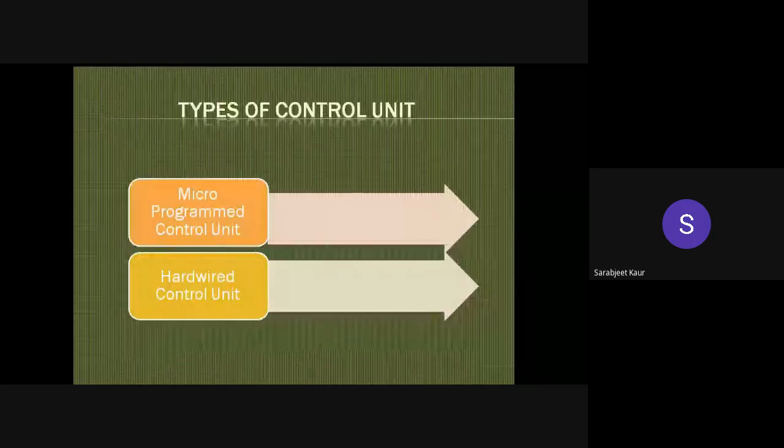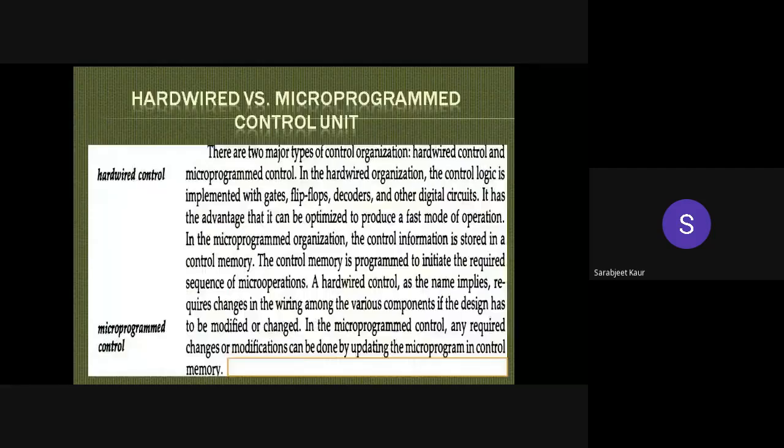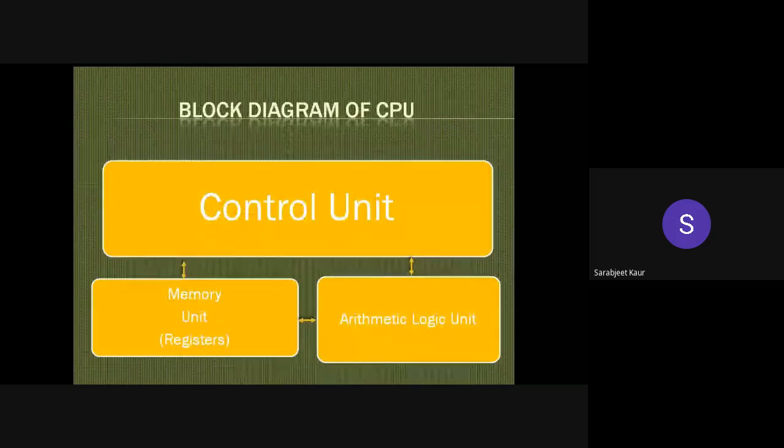So today was a base class which dealt with several important concepts. We have discussed the different kinds of control units. You have seen how the control unit interacts with the memory unit. For example, in the block diagram that we've just seen, you've seen its interface with one of the registers, that is the instruction register, from this memory.